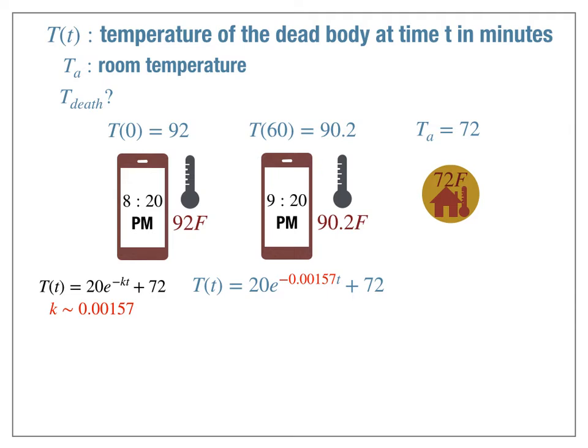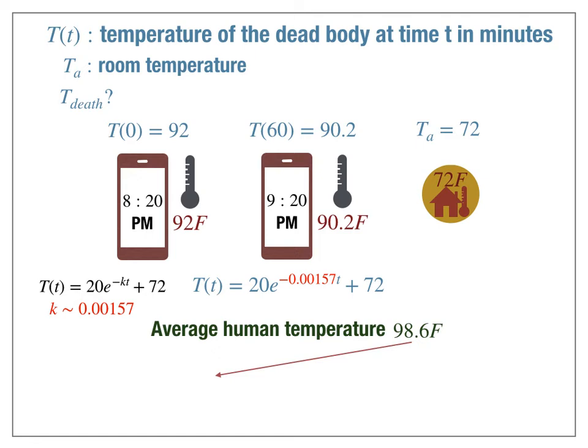So the question now is, how can she figure out the time of death? She assumes that when the victim died, his body temperature was about the average human temperature, which is about 98.6 degrees Fahrenheit. So if we can figure out the time associated with this temperature, then that would be the time of death.